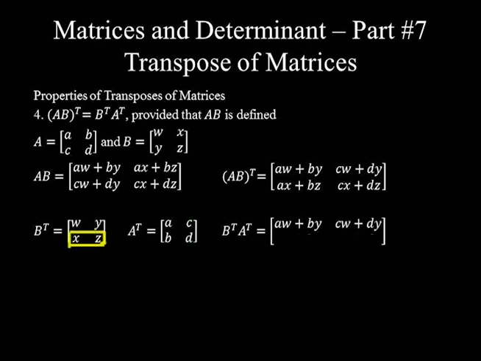Row 2 of B transpose times column 1 of A transpose equals AX plus BZ. Row 2 of B transpose times column 2 of A transpose equals CX plus DZ. Again, since these two matrices are equal, (A times B) the whole transpose equal to B transpose A transpose is true. We used all 2 by 2 matrices for verification of the properties just for the sake of simplicity, but the properties hold true for any other matrices as well.